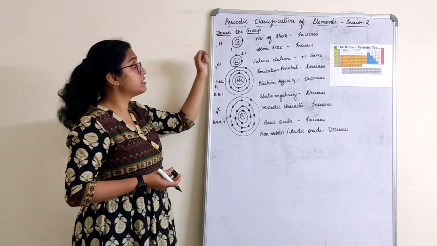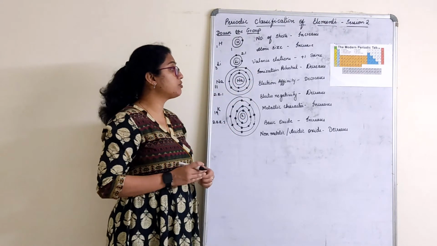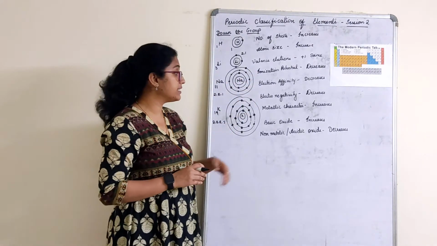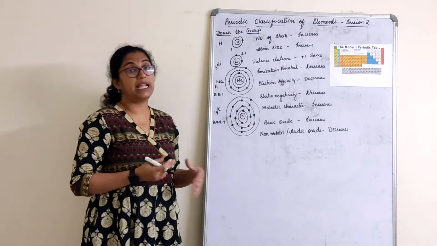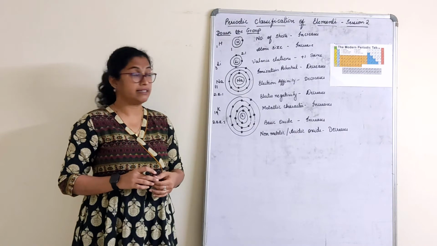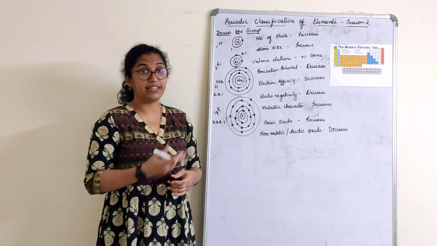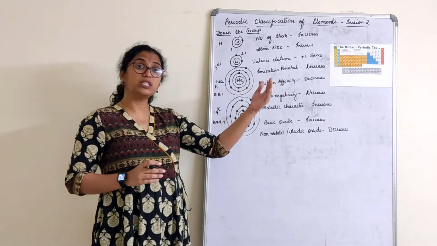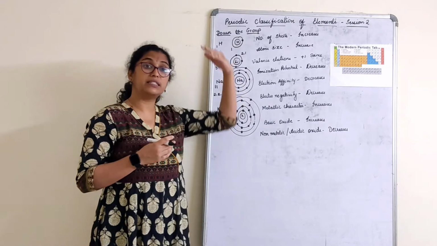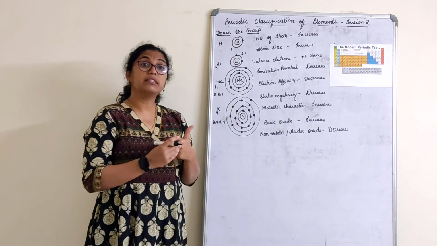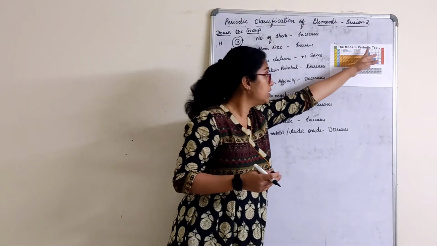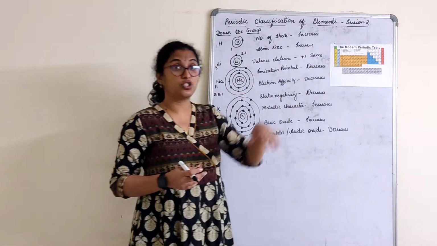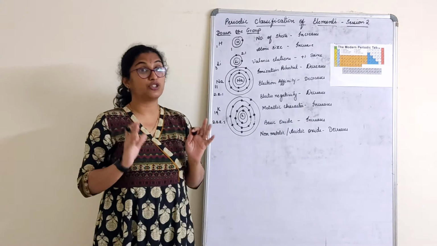Valence electrons, ionization potential, electron affinity, electronegativity, metallic character, basic oxides, and non-metallic character or acidic oxides. How will these vary? We have to know. As we go down the group, this is effective with respect to group 1, group 2, and group 13 onwards, because up to 12 they are transition elements.